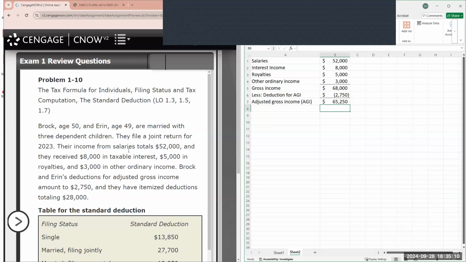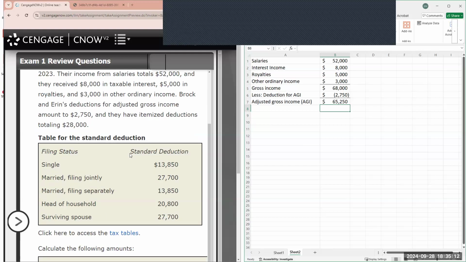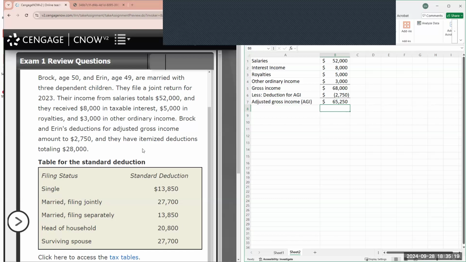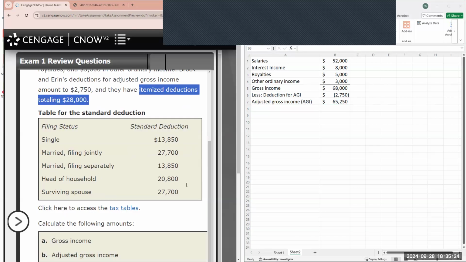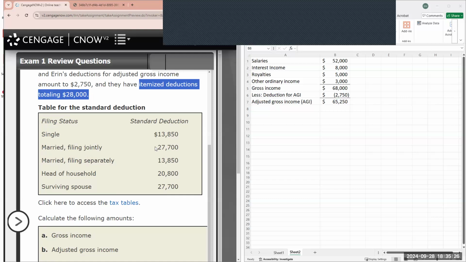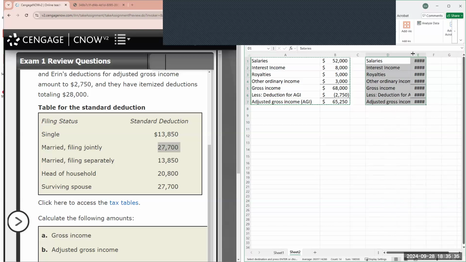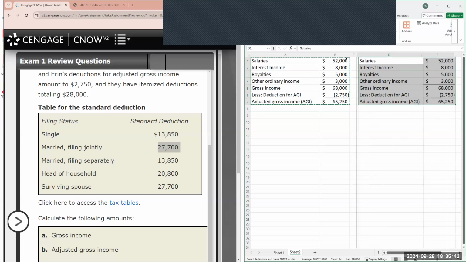$65,250. So we need to determine, are we going to claim the itemized deductions or are we going to claim the standard deductions? In this case, the problem lets us know they have itemized deductions totaling $28,000 versus a standard deduction for a married couple of $27,700. So I want to use this opportunity to show you the key difference between claiming the standard deduction versus itemized deductions.